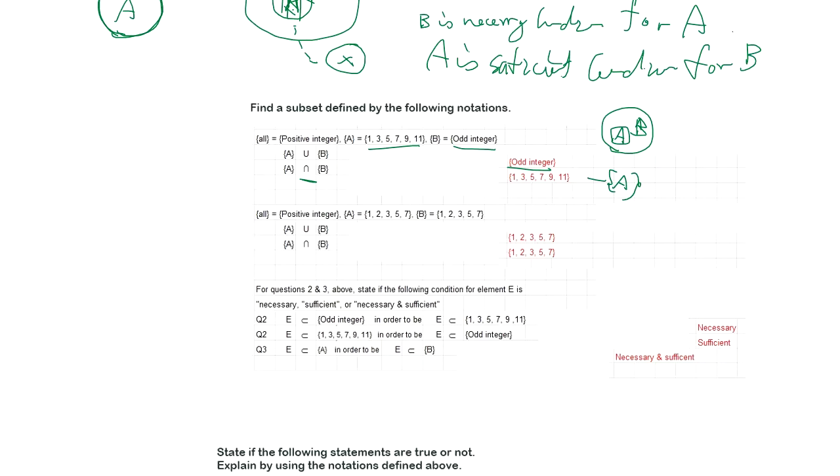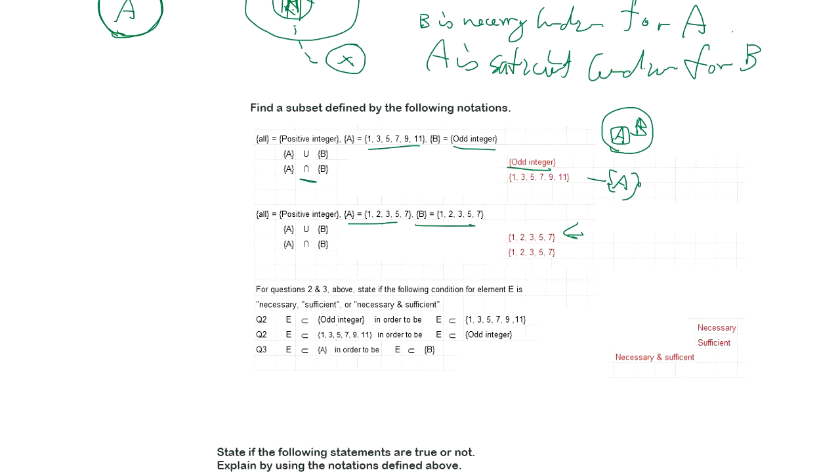Positive integer, and A and B. The union is you collect every element here, and the intersection is finding the number which exists on both sides.